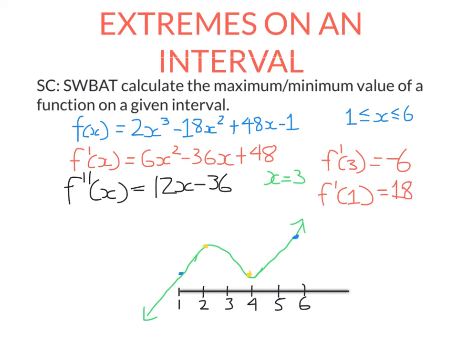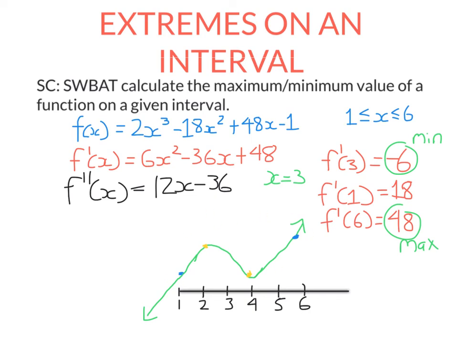Now, if I substitute in the other endpoint, f dash of 6 gives me 48. So what all of this tells me is that this is the minimum value of the gradient of this function on this interval, and 48, that's the maximum value of the gradient of this function on this interval.